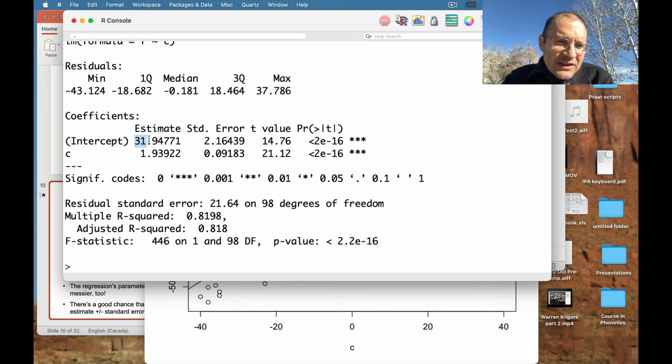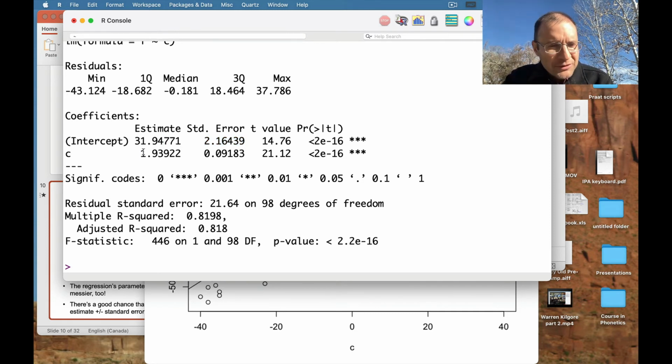Normally what you'd expect to see is that the estimate plus or minus the standard error should contain the true intercept or slope. We see that with the intercept: 31.94 plus 2.16 is going to be a higher estimate than 32, so we're good there. But we're missing it in terms of the slope.